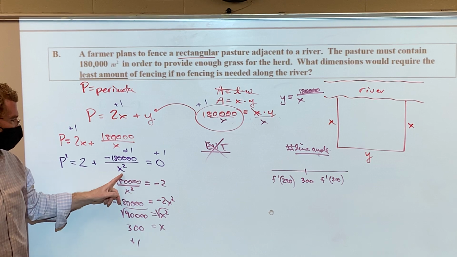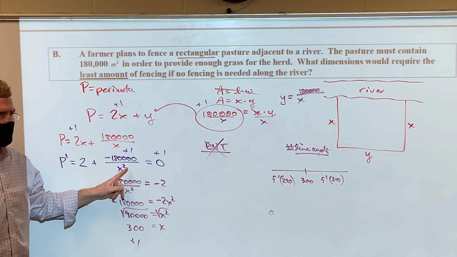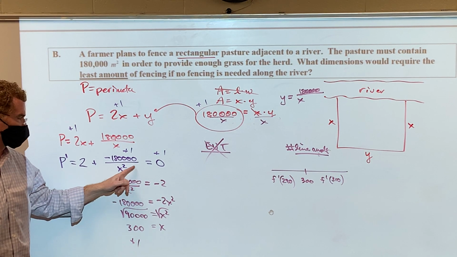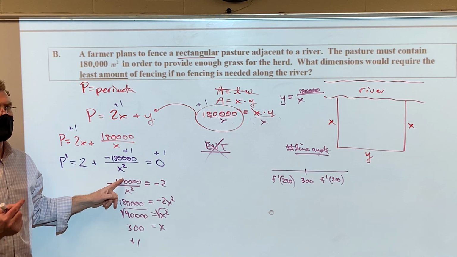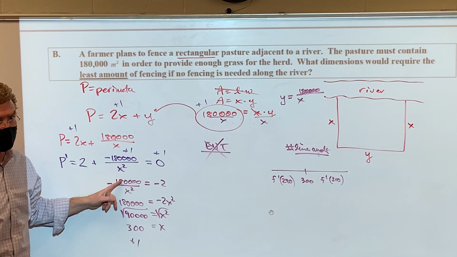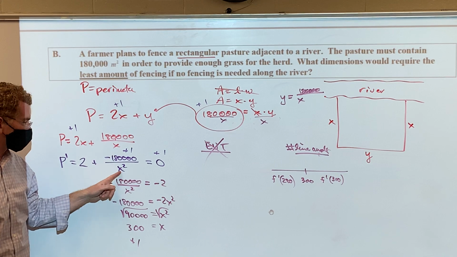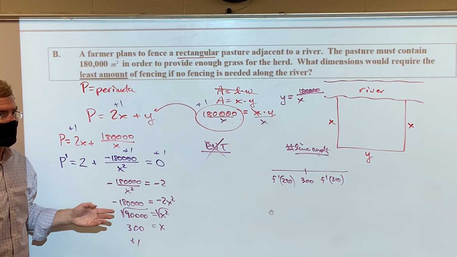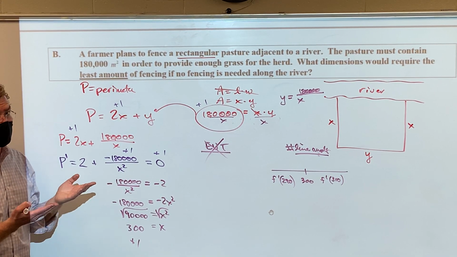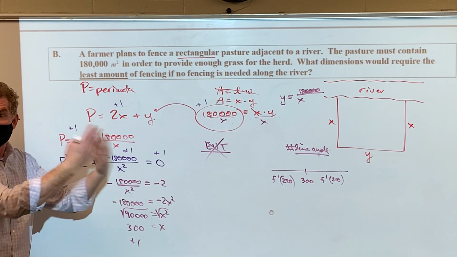So what do you think 290 gives me? If 300 gave me 90,000, what does 290 give me? Less than 90,000. What do you think that over less than 90,000 is? A more negative number.